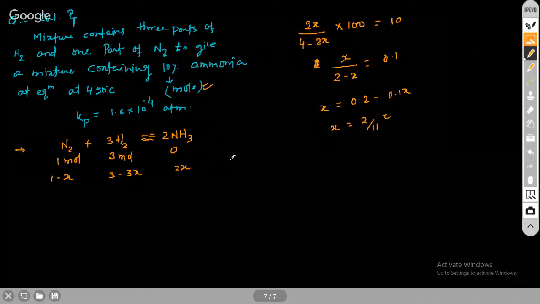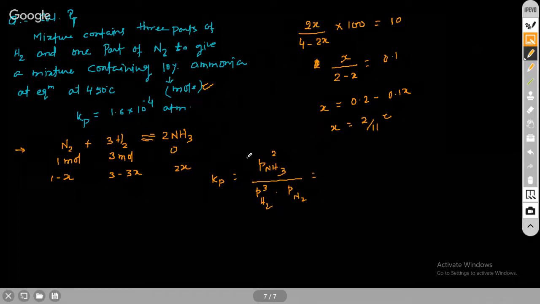Kp you have. So how do we have to find Kp? Total pressure, no? Kp is the partial pressure of NH3 squared, because 2NH3 we have, divided by partial pressure of H2 cubed into partial pressure of N2.